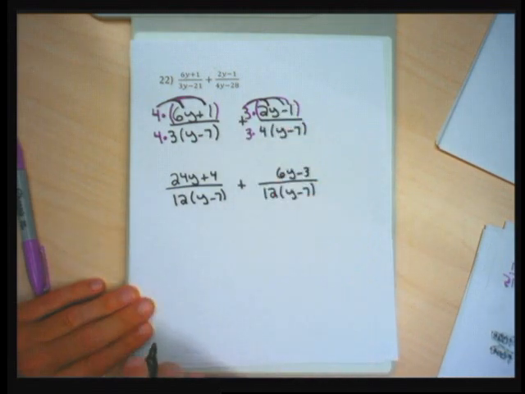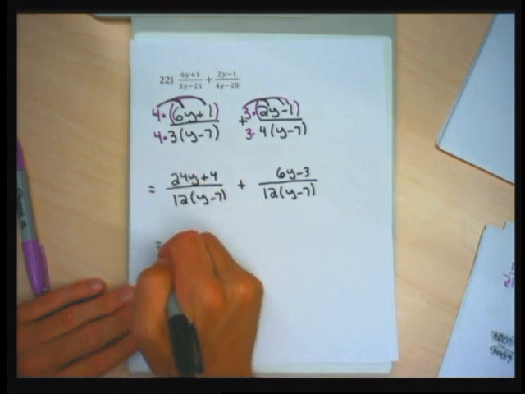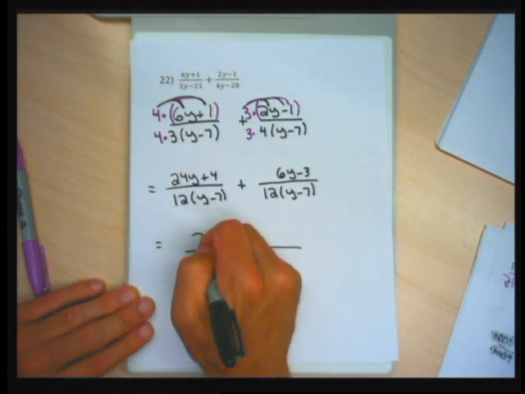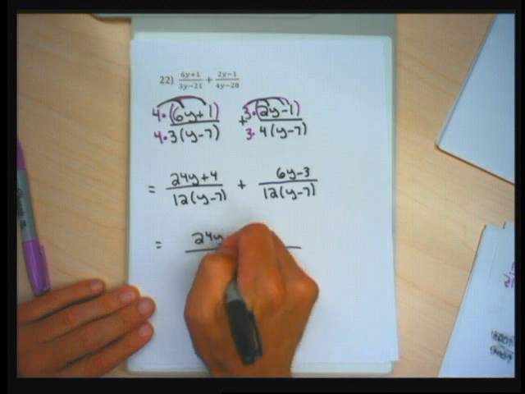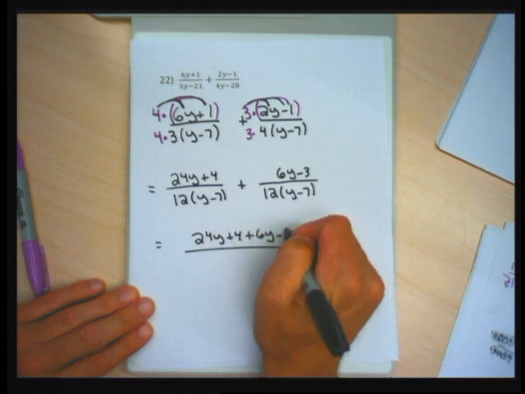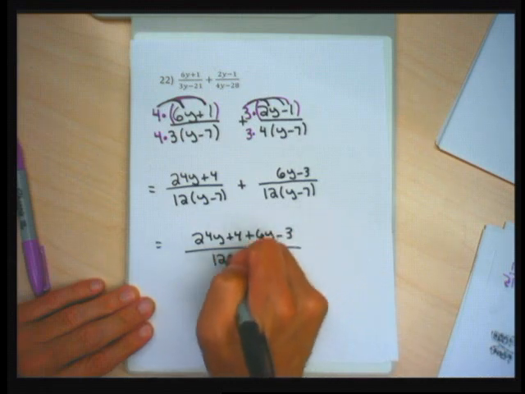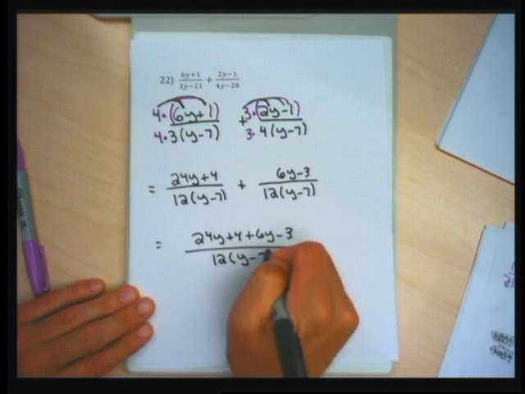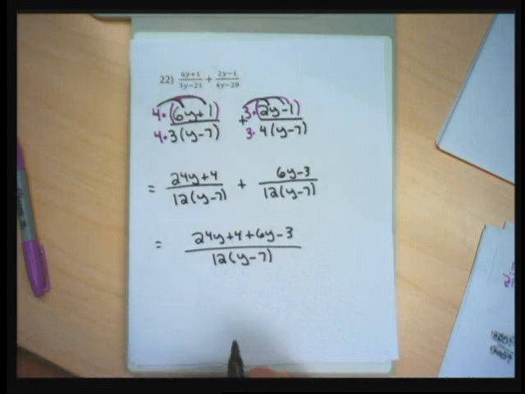Now the two fractions have the same denominator, and when we have that set up, I can make the two fractions into 1 by writing their numerators next to each other. I don't have to worry about changing any signs because there isn't a minus sign between the fractions. So now I have the two fractions written as one fraction.